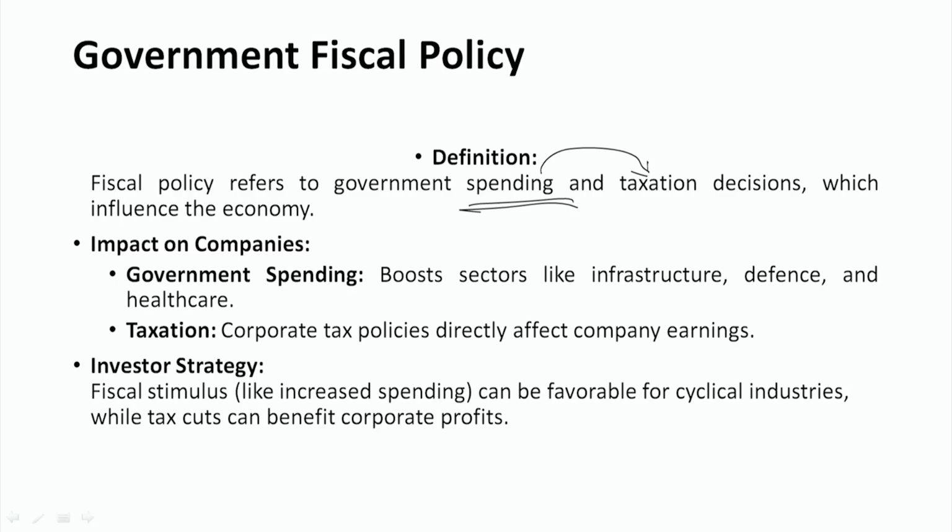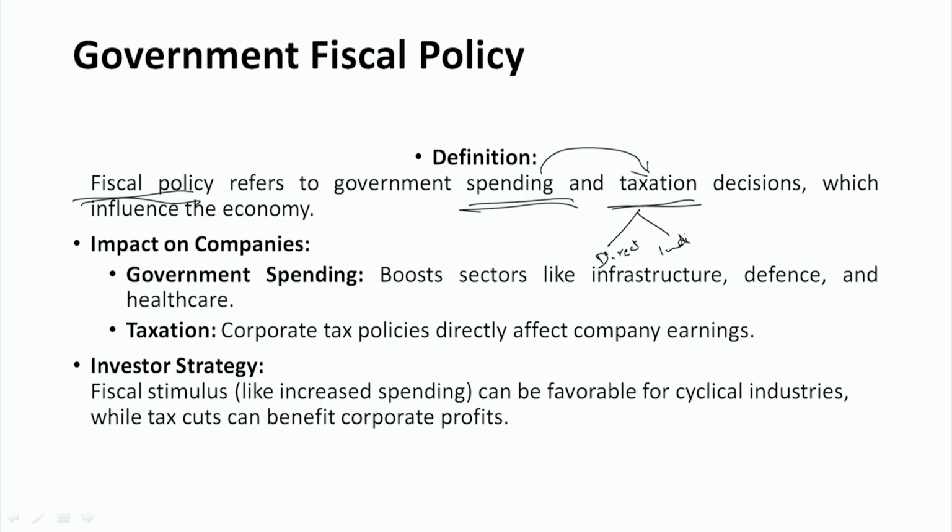So whenever the budget is being presented, you will come across the words fiscal deficit and fiscal policy. It means to say that the government is earning money through two different types of taxation. One is direct and the other one is indirect.